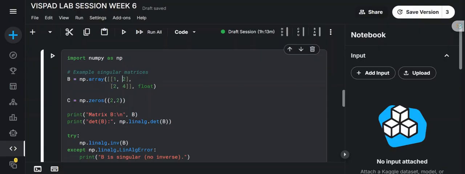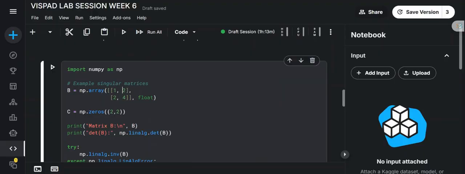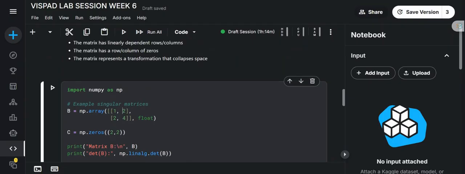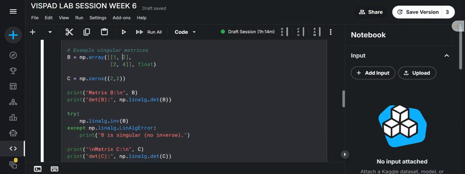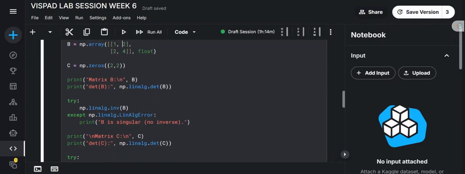Meaning that the second column is dependent on the first column. So the two columns in the matrix are linearly dependent, which gives us some idea about the nature of that matrix with respect to whether it has an inverse or not. So already we've been given a clue that this particular matrix may be non-invertible or singular. So now let's see if we can confirm that.